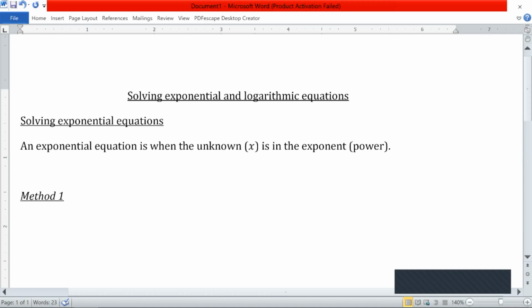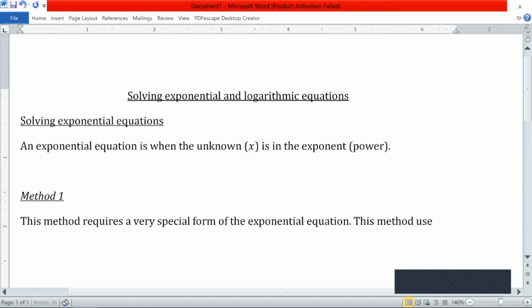So let's write the method. This method requires a very special form of the exponential equation. Write with me. This method requires a very special form of the exponential equation. This method uses the following fact. What is the fact?